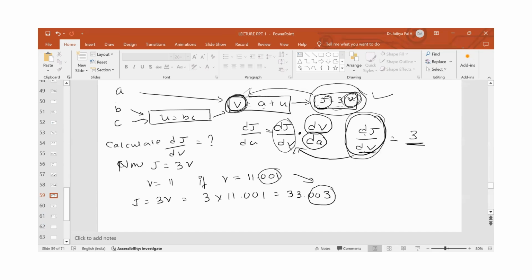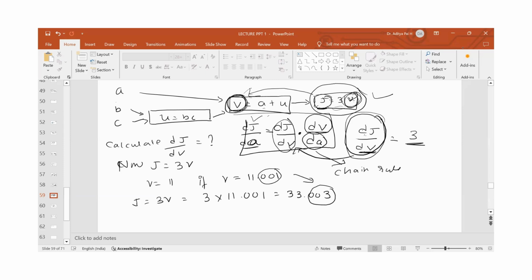That is what I have written, dJ by dV into the change in the value of V with respect to A, which gives the change in the value of J with respect to A, because my value of J with respect to A is obtained after I calculate this. So this is nothing but the chain rule.